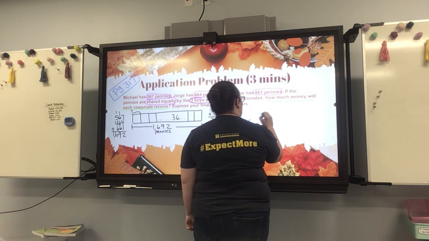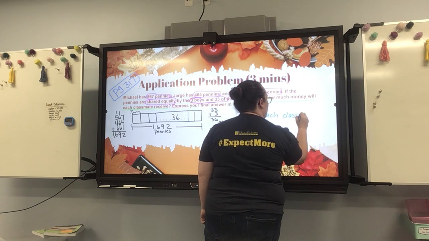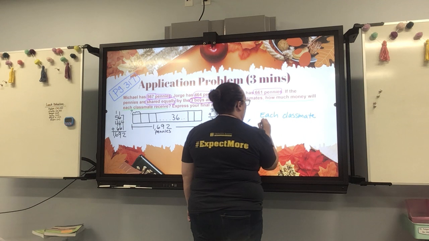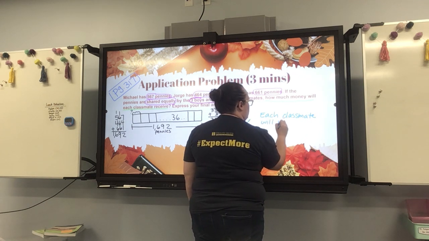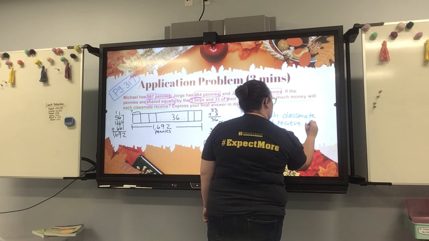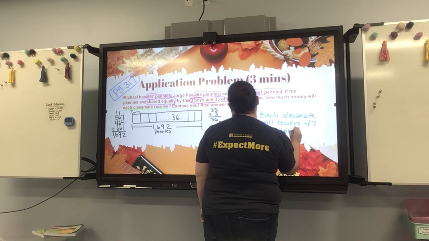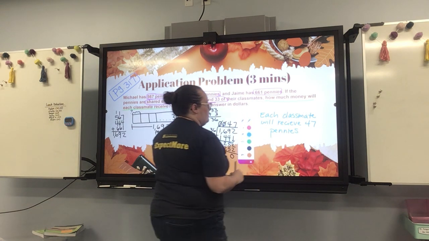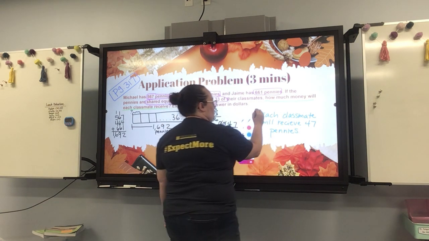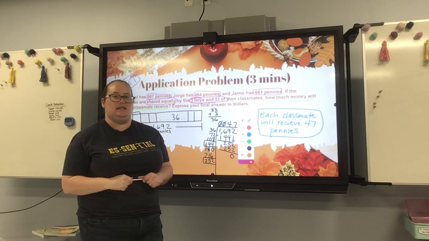So I would say each classmate will receive 47 pennies. Each classmate will receive 47 pennies.